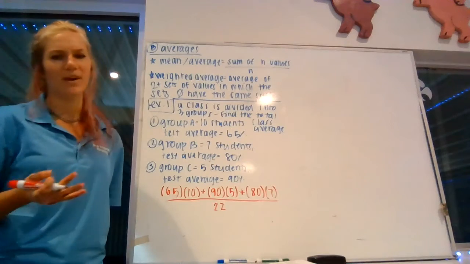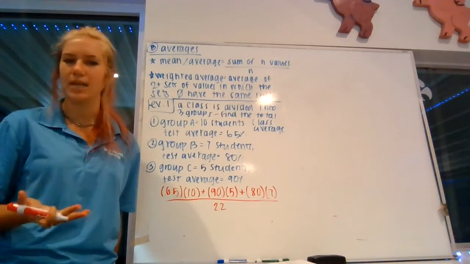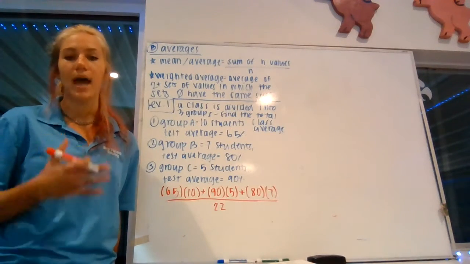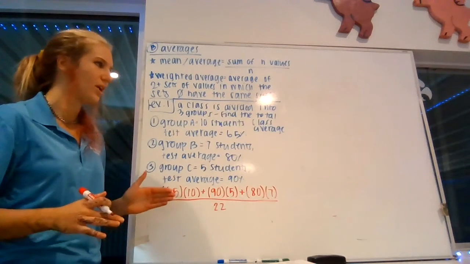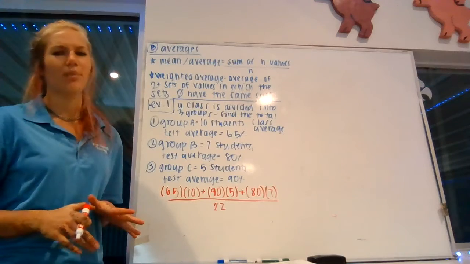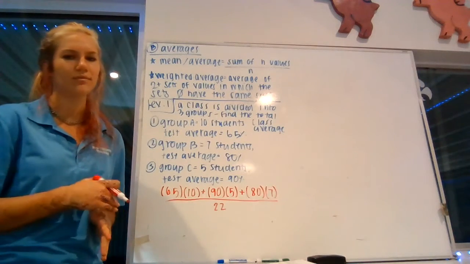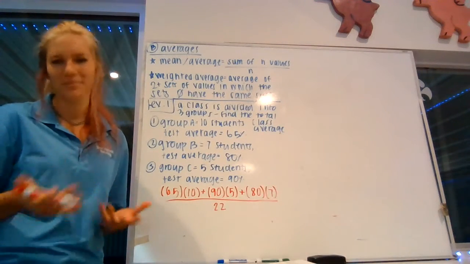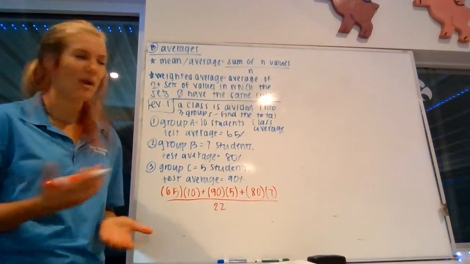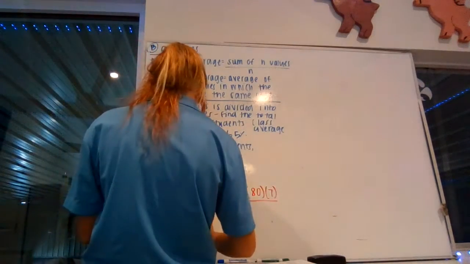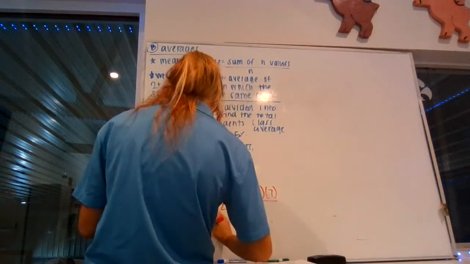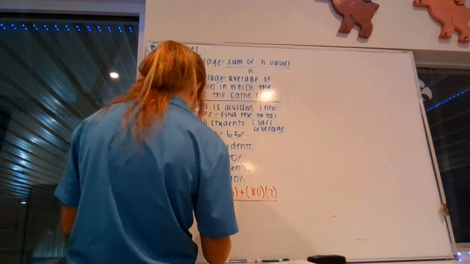The reason you might divide by 3 is because there's 3 groups, but that's not what we want to find. We want to find the average in the class with the 22 students. And if you were to divide it by 3, I'm pretty sure you would come up with a number greater than 100, which hopefully you would automatically recognize isn't going to be right. So once you solve this out, this is going to be the answer, 75.5%.